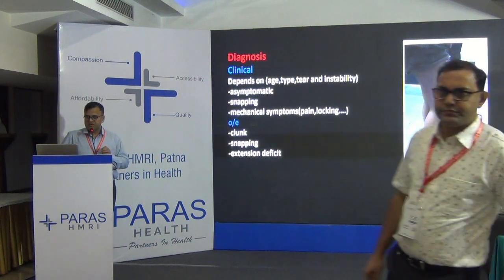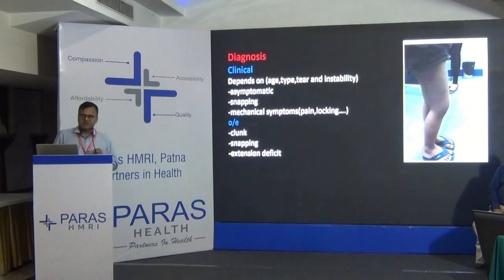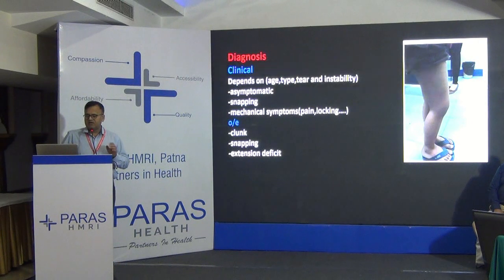The diagnosis is clinical, and depends on the age, type of tear and the instability pattern. Mostly it is asymptomatic, and sometimes the patient presents with snapping knee syndrome and mechanical symptoms like locking, pain, and not being able to fully extend the knee. On examination there is a clunk, snapping or extension deficit.